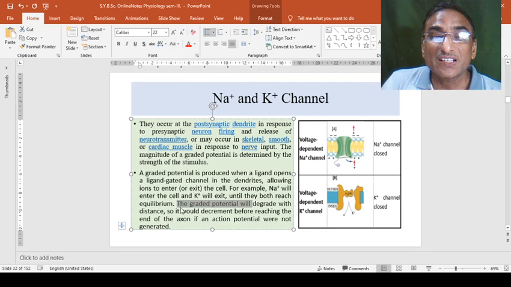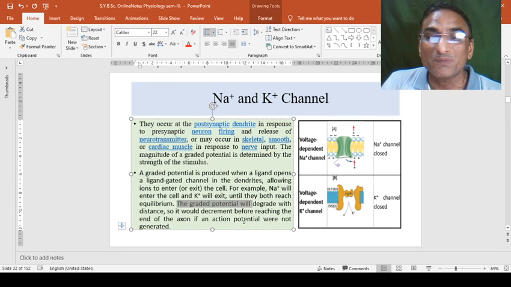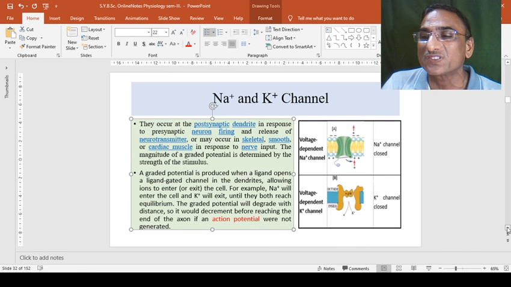Means the graded potential depends not only on the movement of these ions but also on the decrement or the action potential generated in the cells. Action potential also plays a key role in the movement of these molecules.